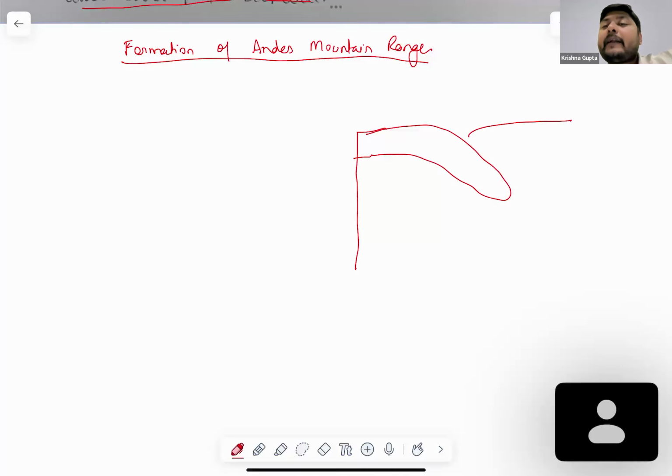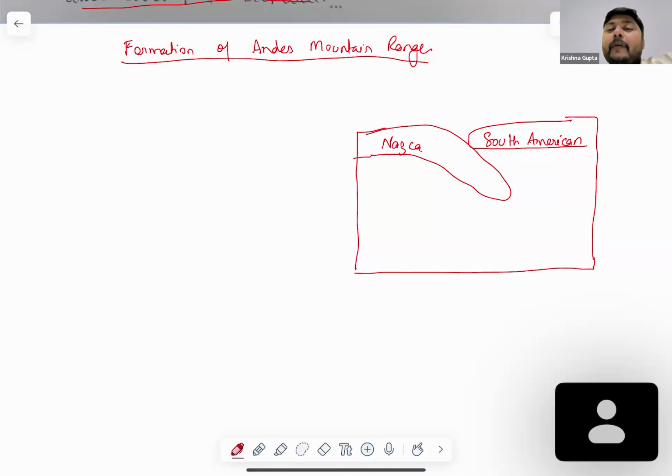Okay, and here we have the South American plate. This is South American plate. Okay, and this is asthenosphere. Here we have the convergent motion.